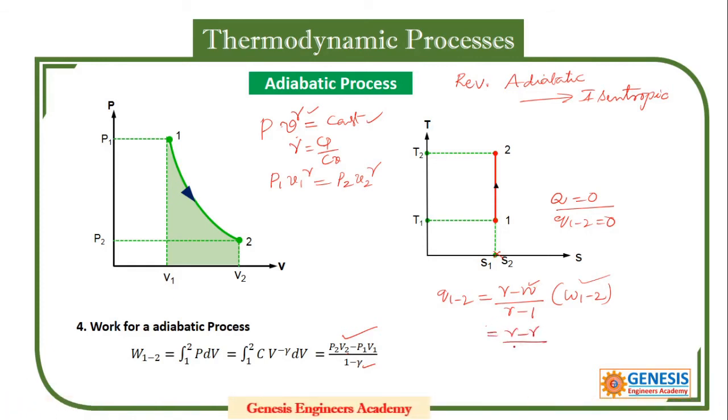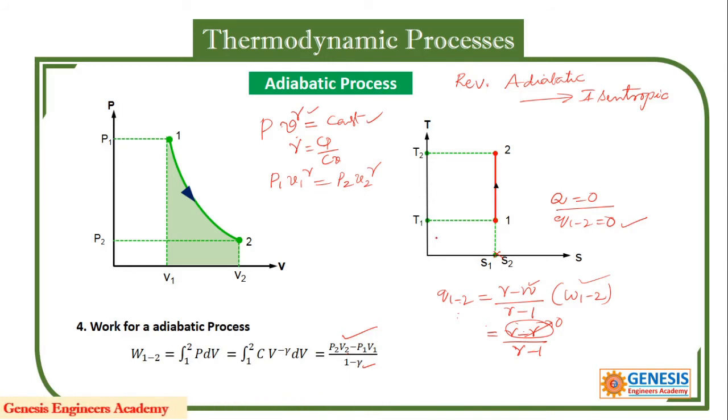So this is 0. Therefore from this equation also, heat transfer is 0. Okay, so heat transfer is 0 in an adiabatic process or reversible adiabatic process. So this is the most important process. You can remember without any doubt that heat transfer in an adiabatic process is 0.